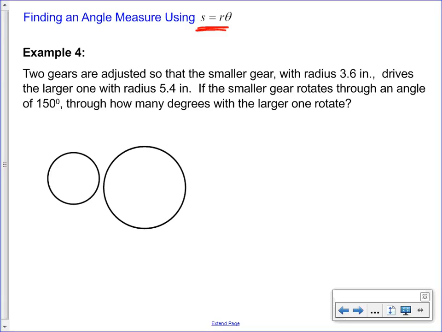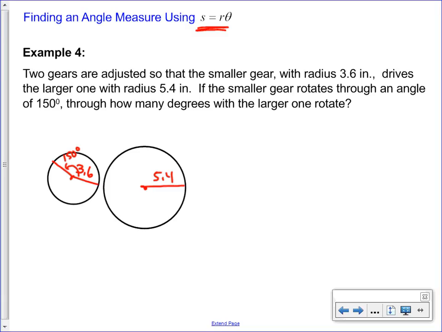Here's another example of it. Imagine you have two gears adjusted so that the smaller gear has a radius of 3.6 inches and drives a larger one with a radius of 5.4 inches. If the smaller gear rotates at an angle of 150 degrees, how many degrees did the larger gear rotate?